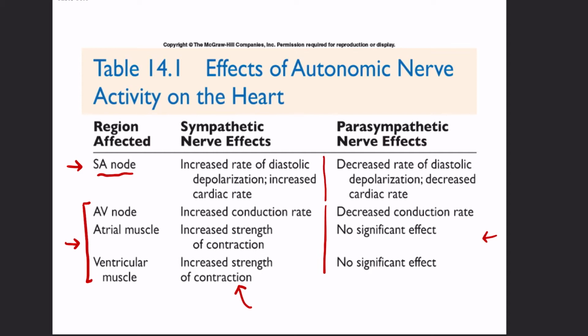And so the sympathetic nervous system is able to increase contraction of the muscle, because it innervates the muscle walls, whereas the parasympathetic cannot. The parasympathetic can decrease cardiac rate only by decreasing the rate of depolarization at the SA node, or by decreasing the depolarization at the AV node.